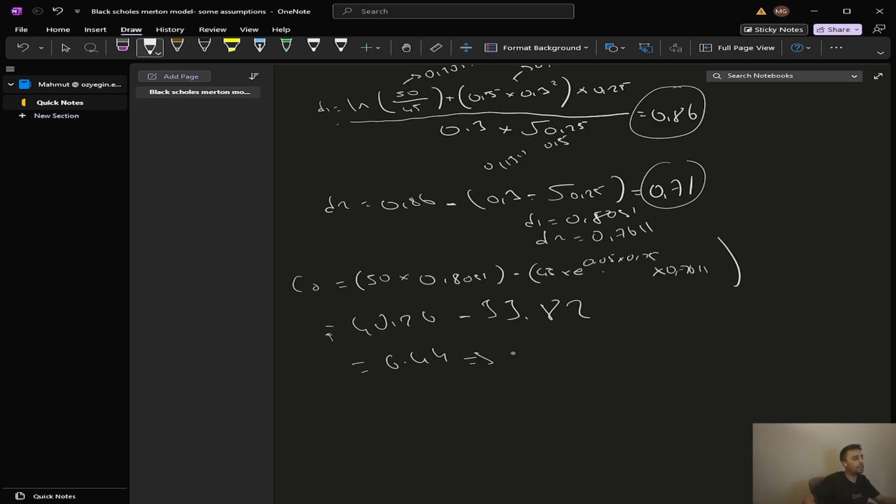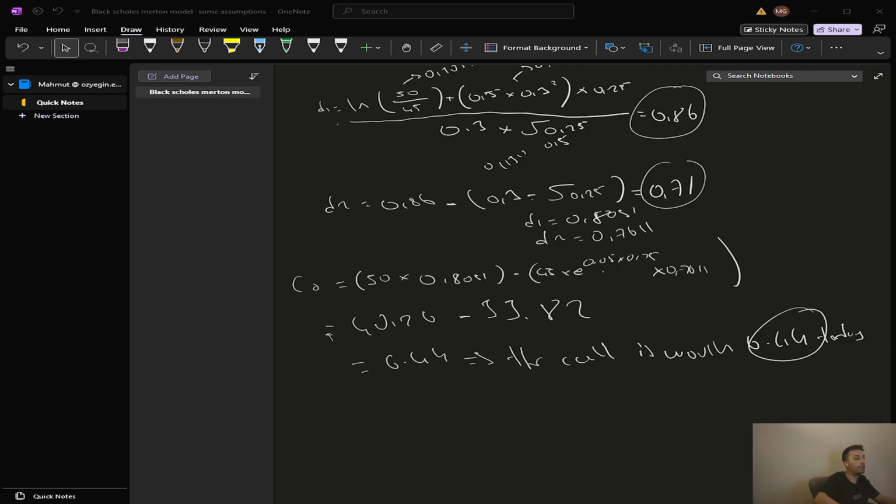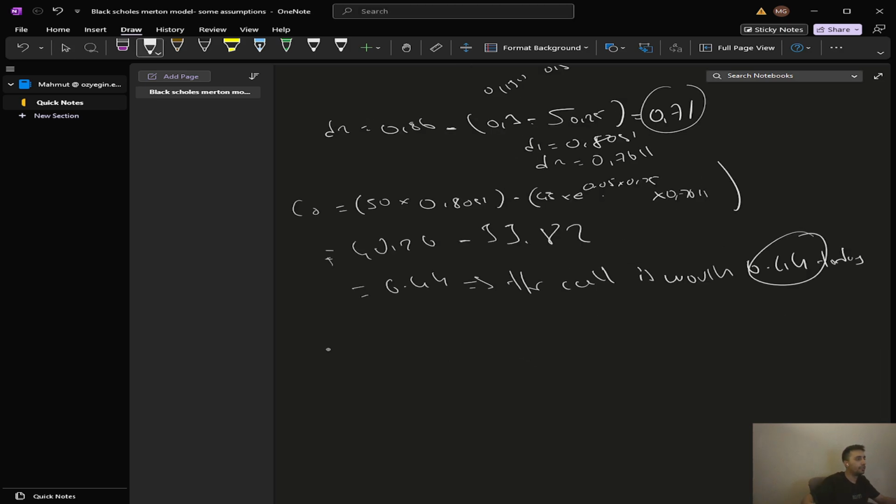So that means the call is worth 6.4 today. And that is very comparable to using put-call parity with continuous compounding. What does that mean? Put-call parity.